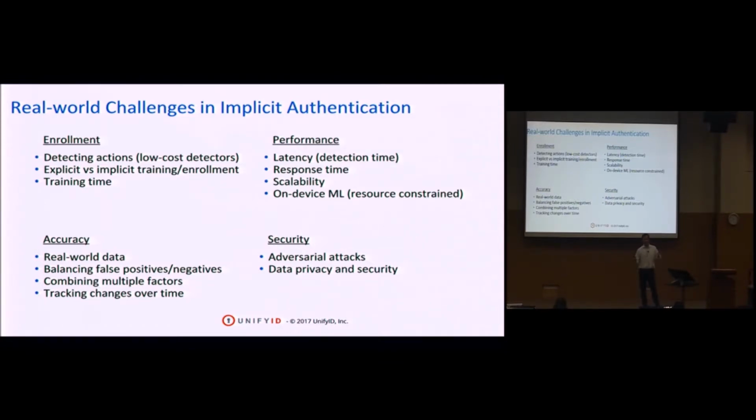Now there's 2 ways to do it. You could do explicit training, where it says, okay, I'm going to walk now, and then we watch you walk, extract that out, and figure out what those features are. Or I'll take out my phone 10 times in a row, and do things like that.